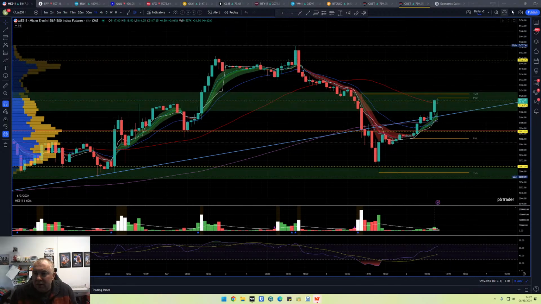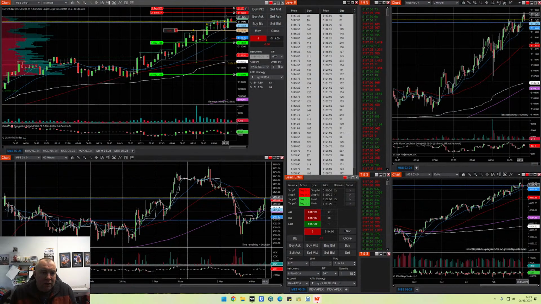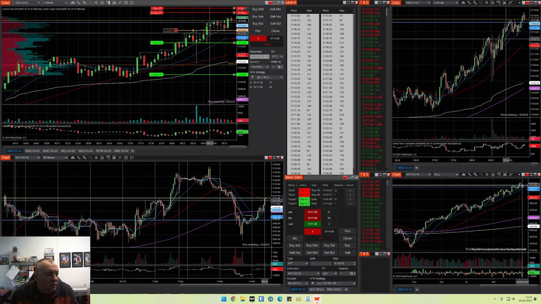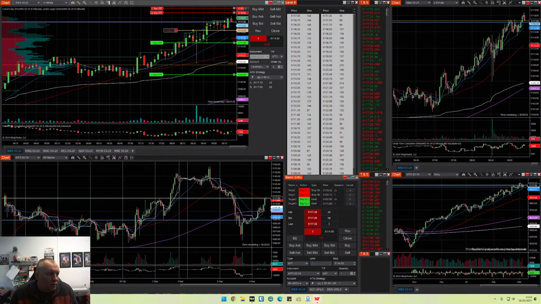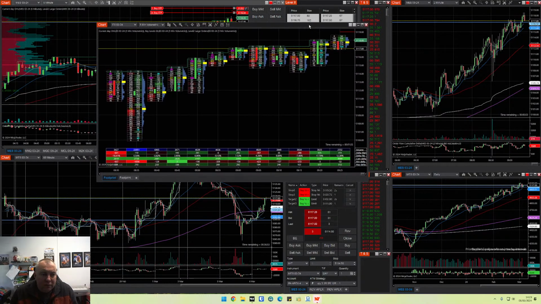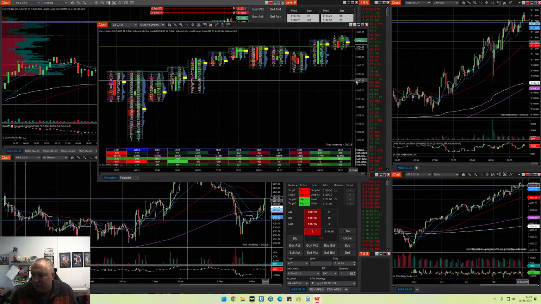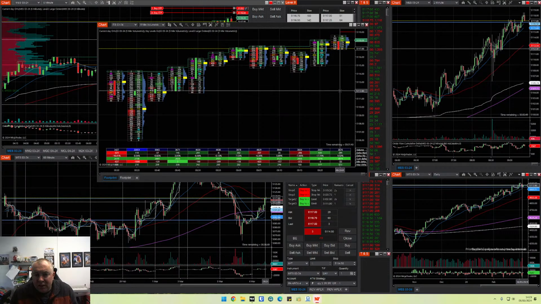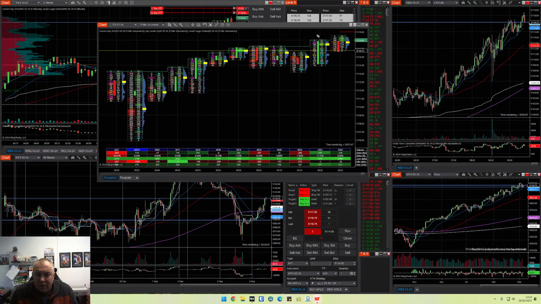Okay, let's quickly see whether I'm out. No, I'm still in it. It looks a bit more dramatic on the footprint chart. So what I'm looking at is we had a buying imbalance there, buying imbalance. Although we are getting a bit of positive delta on the bars, out of all this area, that area looks like it's being rejected.